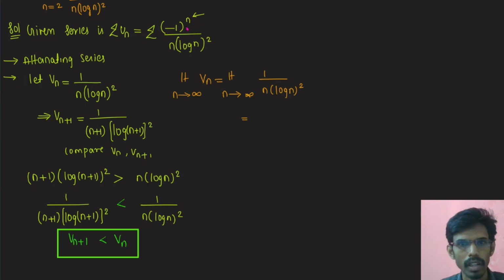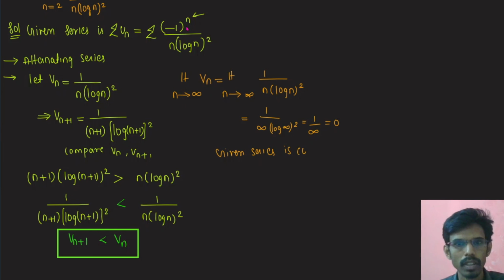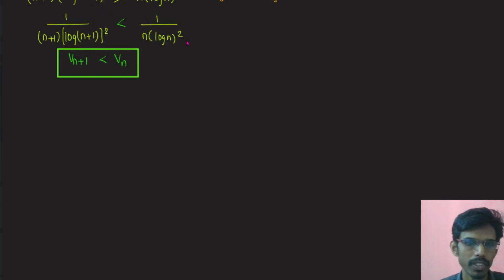If I put infinite here, it will become 1 by infinite, that is 0. Hence we say that the given series is convergent because it satisfies the two conditions of the Leibniz test. So the given series is convergent by Leibniz test.